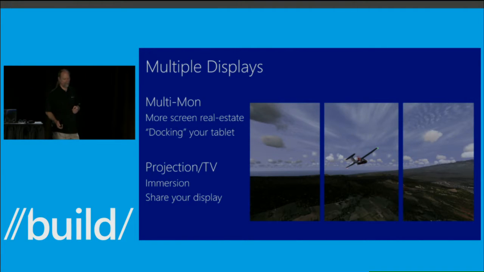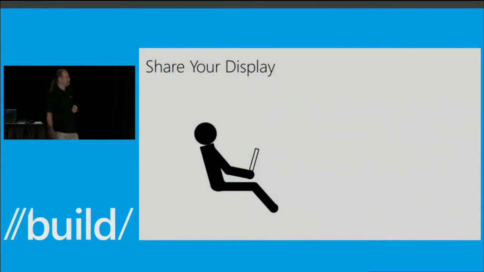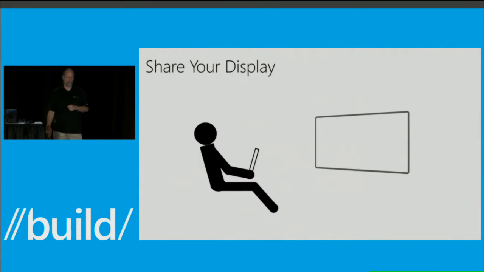The interesting scenario here is when you're in the living room and you're leaned back, you're looking at your tablet, but there's somebody else there and they want to see what you're doing, you want to show them what you're doing, you could project that out onto your TV.